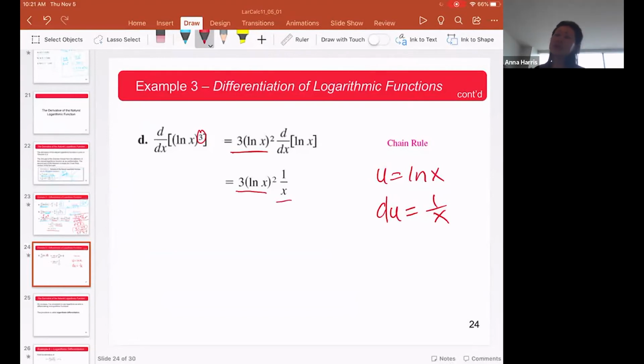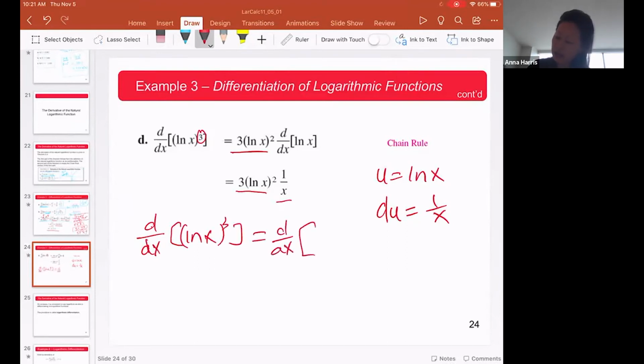Wait a minute. Okay, let me tell you why this is. So we write this problem as, okay, you're going to say, I need to take a derivative of that.